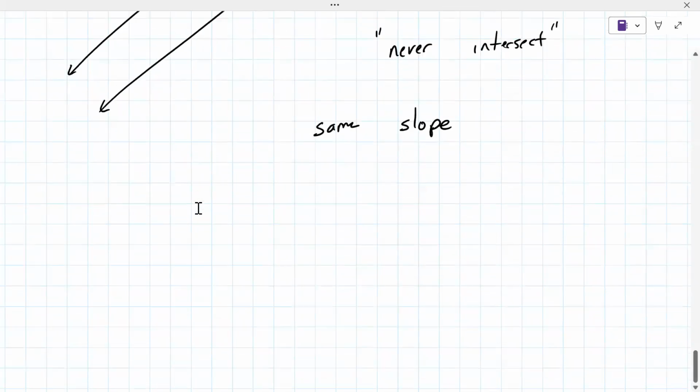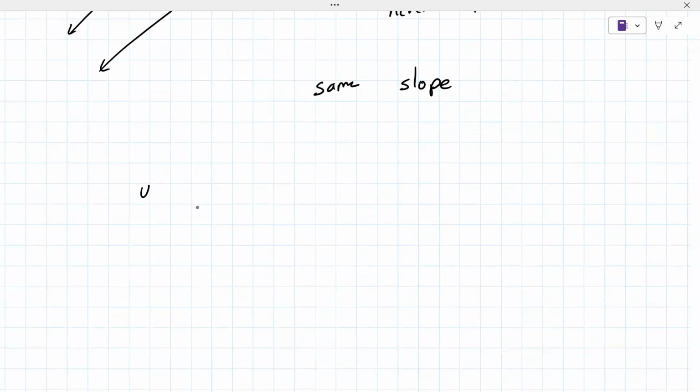So let's look at that in a little more detail. Let's say I write the equation y equals 2x minus 1. Can you tell me the slope from this equation? Do you remember that this is an mx plus b form? What would the slope be?